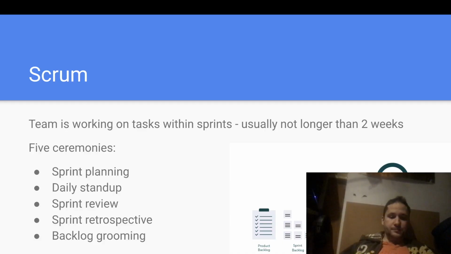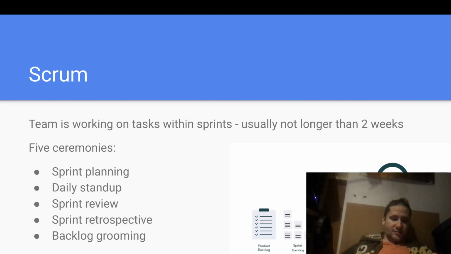Then you have the Scrum framework itself, which has 5 ceremonies. The first ceremony is all about sprint planning. I already mentioned this. The second one is the daily stand-ups the team has every day.